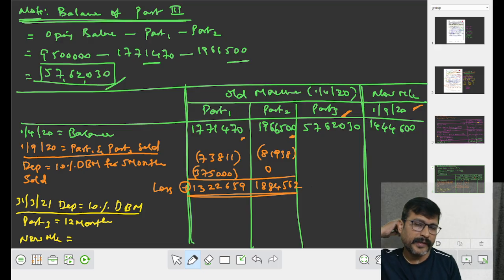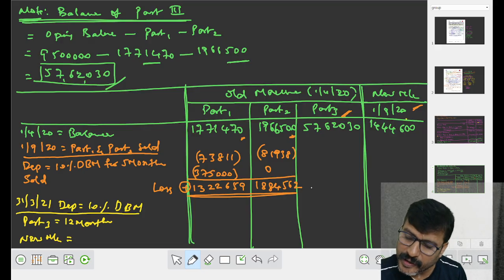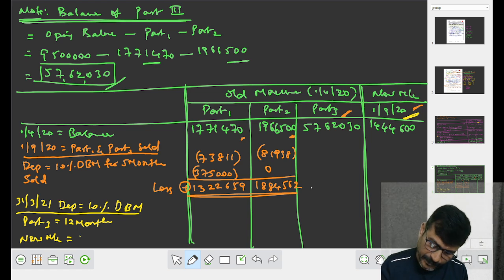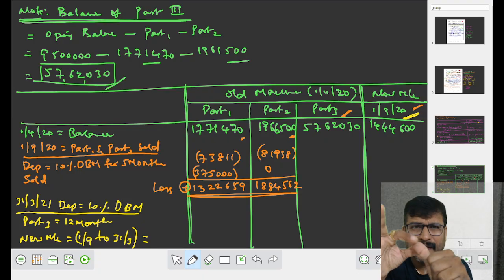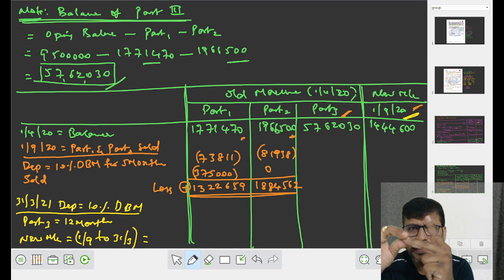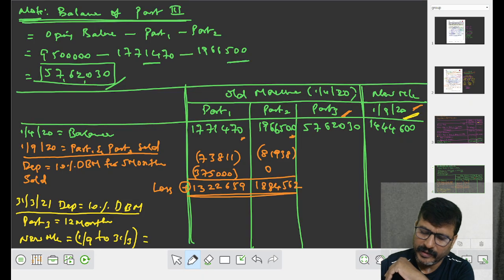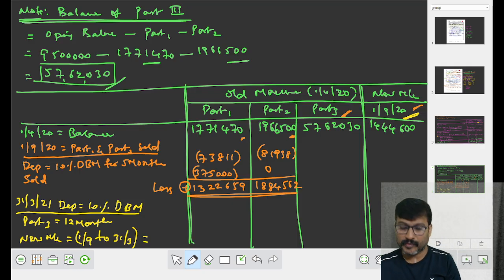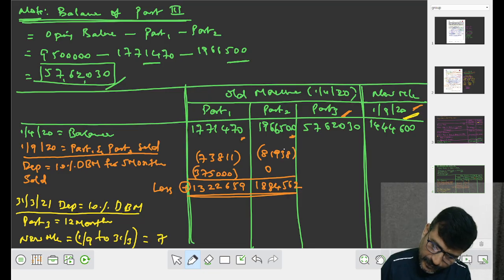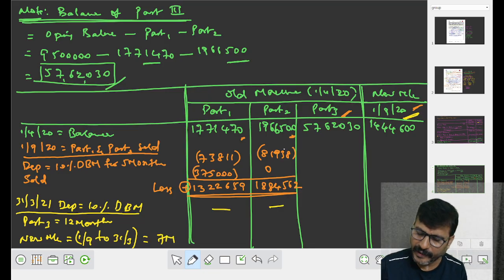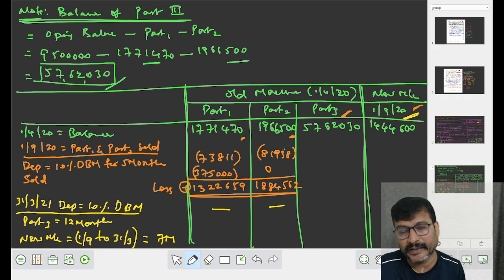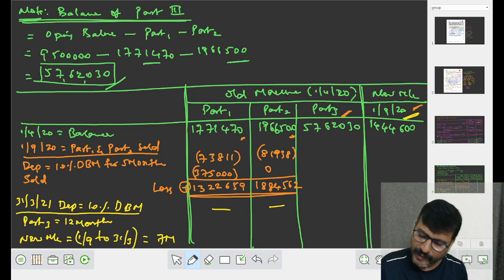Now for the new machinery. See, my dear students, new machinery is purchased on when? 1st September. So, 1st September to 31st March. Count how many months? September, October, November, December, January, February, March. It comes to 7 months. Fine. You work out 57,62,030 into 10% into 12 by 12.